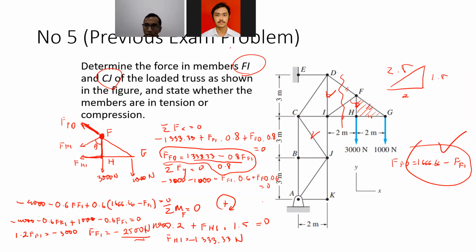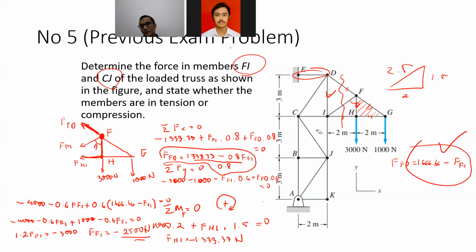Then, in order to solve for CJ, what are we supposed to do, Nabil? We section again. But the problem here is that we don't know yet about this particular force and the shear force. Oh yeah, I didn't even see ED.